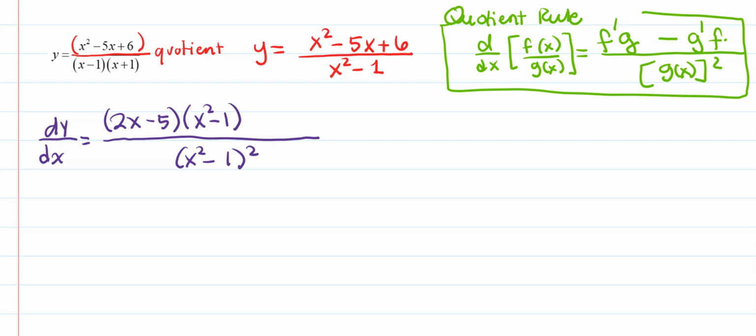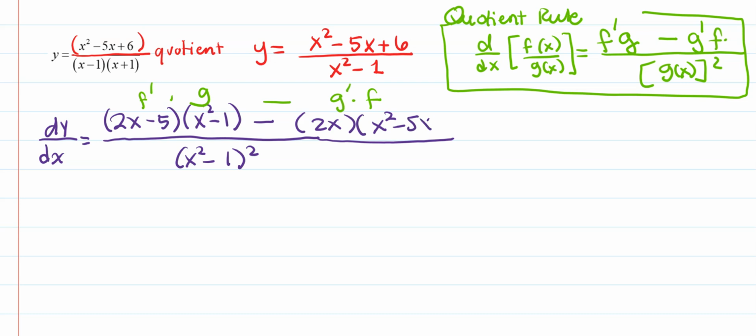That would be the derivative of f times g minus the derivative of g times f on the numerator. So I'm going to extend my fraction here. And then I will have minus the derivative of the bottom, which is just 2x, multiplied by the top, and that would be x squared minus 5x plus 6.